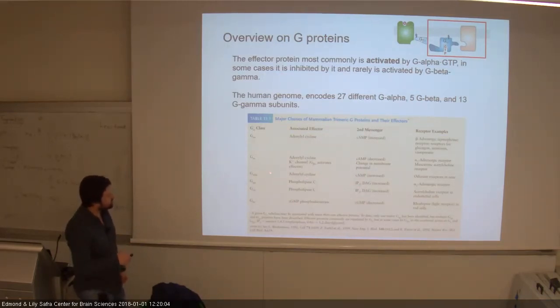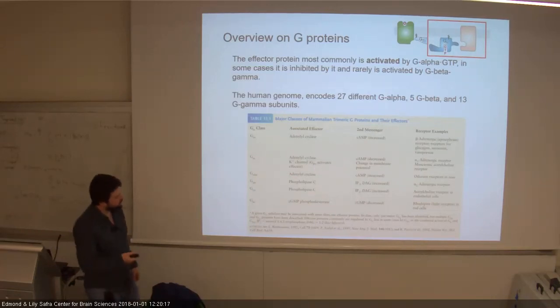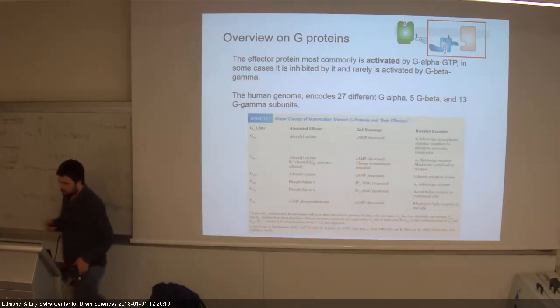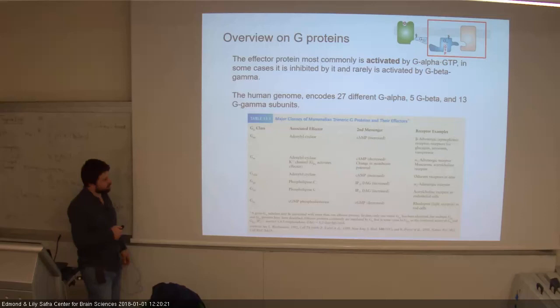But in other responses, for example in the visual system, you can have activation of G alpha that will cause an opening of a potassium channel, but we'll show specific examples of these instances.